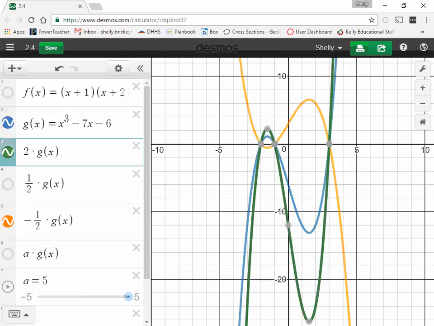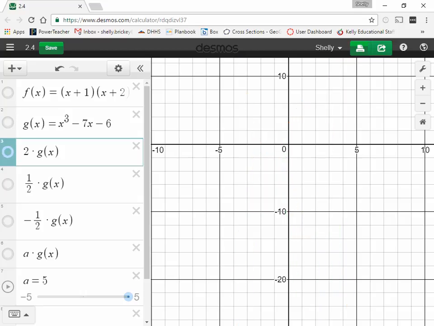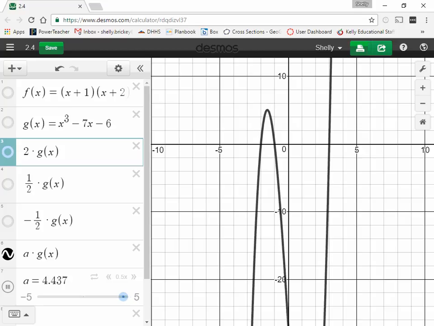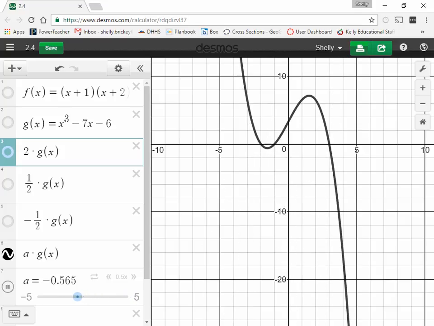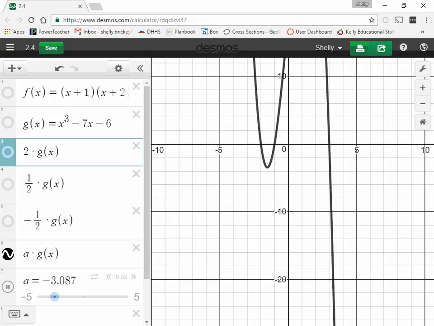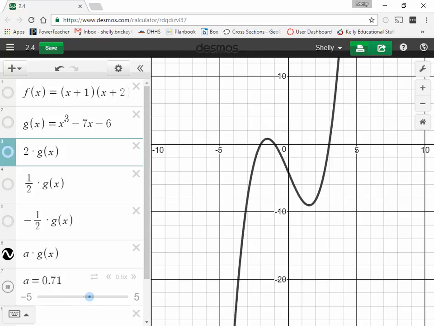And really, we could stretch it by any number. Here's showing you many of those functions. See how it always has the same x-intercepts. Well, the x-intercepts stay the same, but the y-intercept, you might notice, does not stay the same.